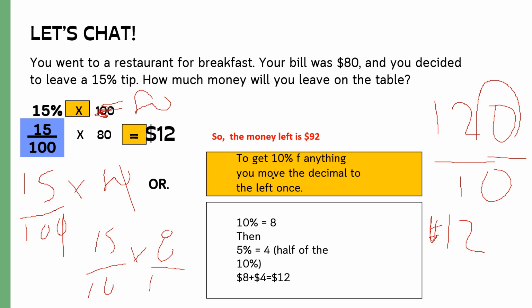So half of the 8 is 4. And then you add the 8 plus the 4 to give you 12. So that's another way. It's in the box. Now the 12, which is the tip, $12, you're going to add it to the $80, and that's how you know how much money you leave at the table. Okay.